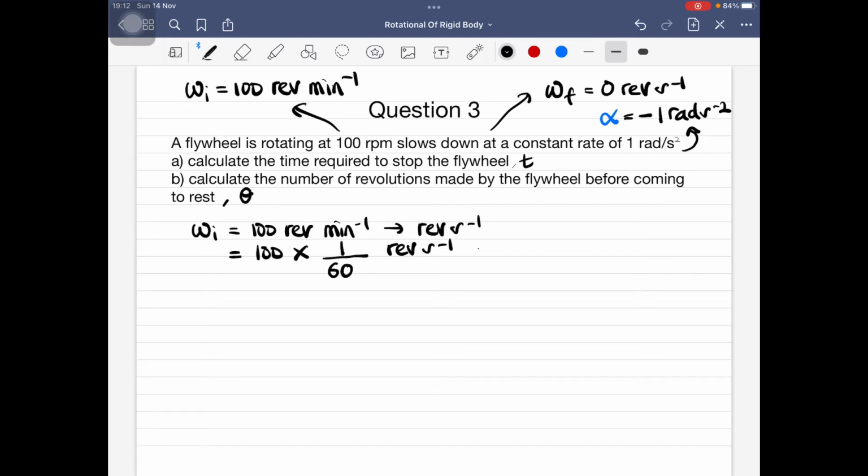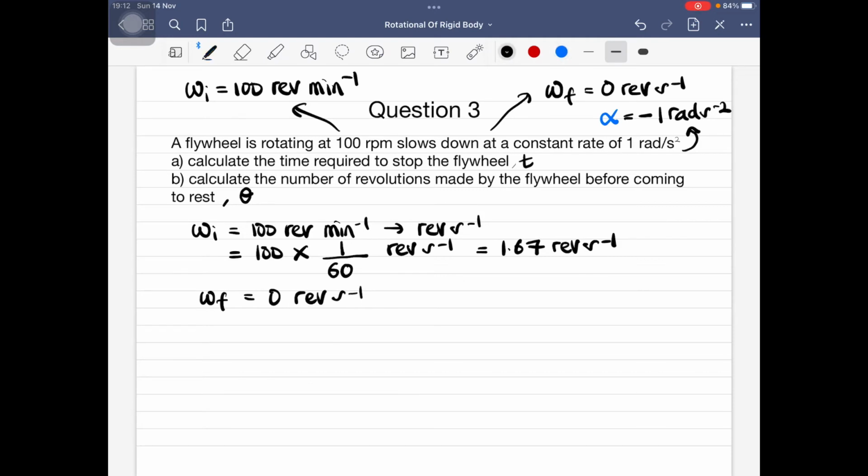Then that is 1.67 revolution per second. All right, and our omega final, the final angular speed, is 0 revolution per second, so we don't need to change that.